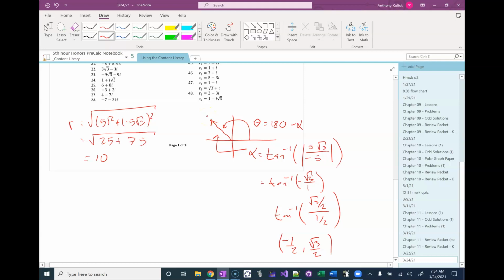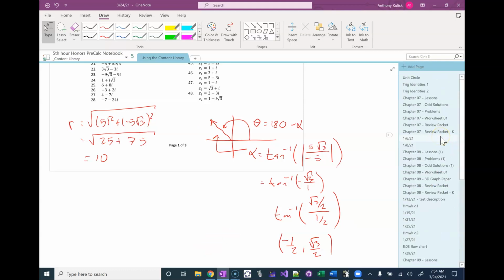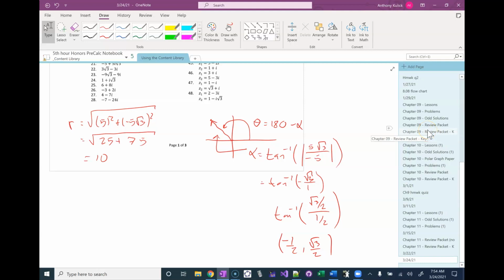Is that okay there? So if I go to my unit circle and find that, I don't remember if that's 150 or if it's 120. This will tell me without having to pull up my unit circle.